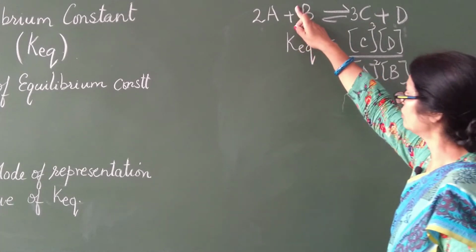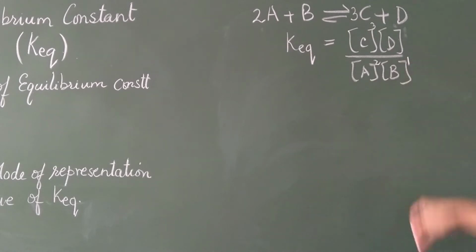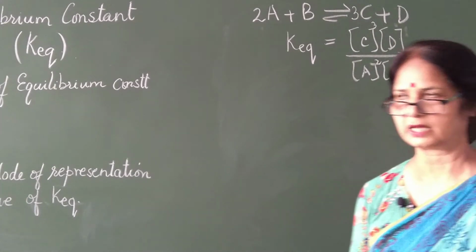Similarly for B, the stoichiometry is 1. We can write it or not, because anything raised to the power 1 is the same. So B raised to the power 1 will remain B. So this is our representation for a chemical reaction of this type.